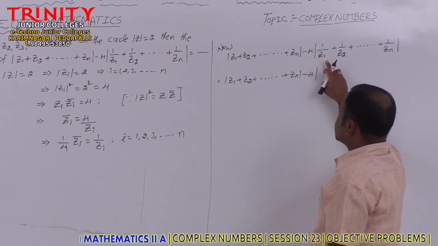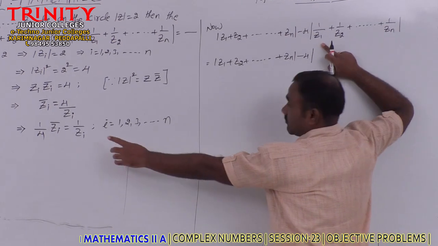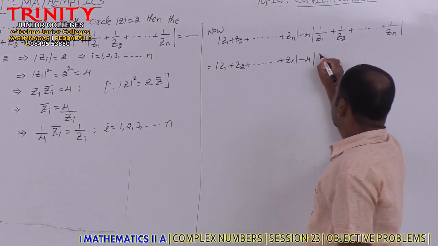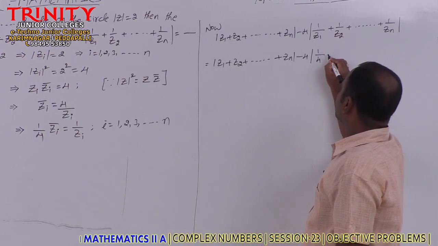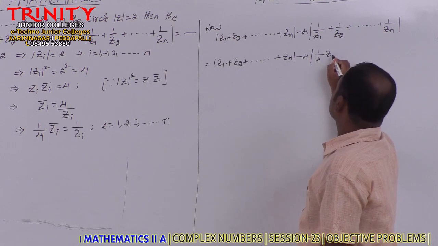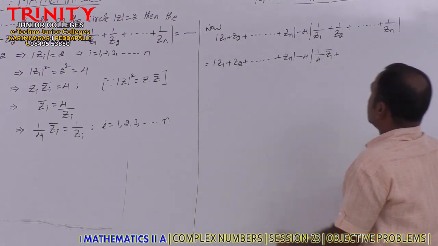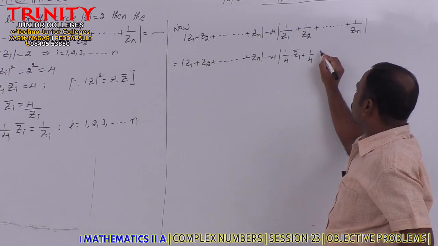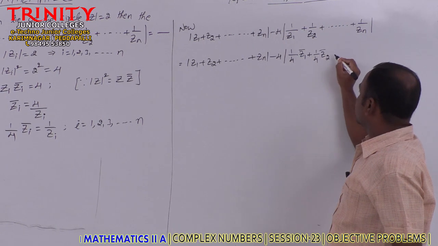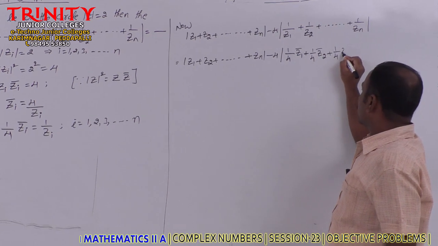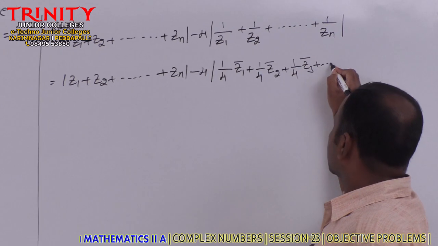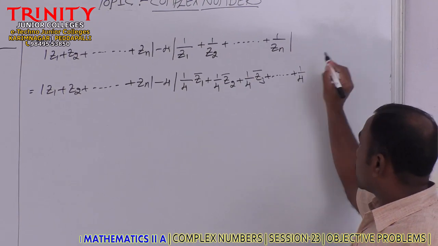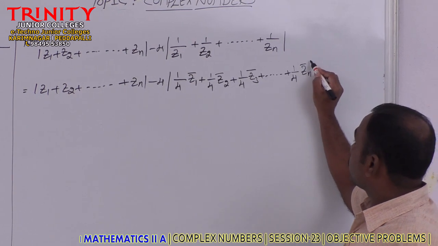Then from this 1 by Z1 we can replace it by 1 by 4 Z1 bar. Like that 1 by Z2 similarly 1 by 4 Z2 bar plus 1 by 4 Z3 bar so on plus 1 by Zn is nothing but 1 by 4 Zn bar.